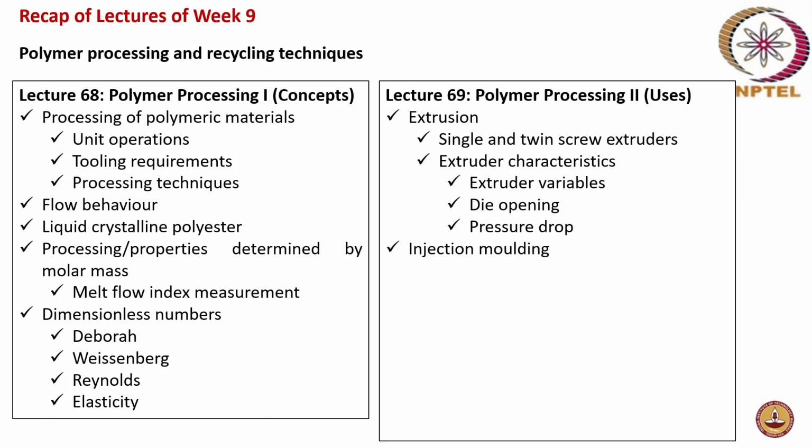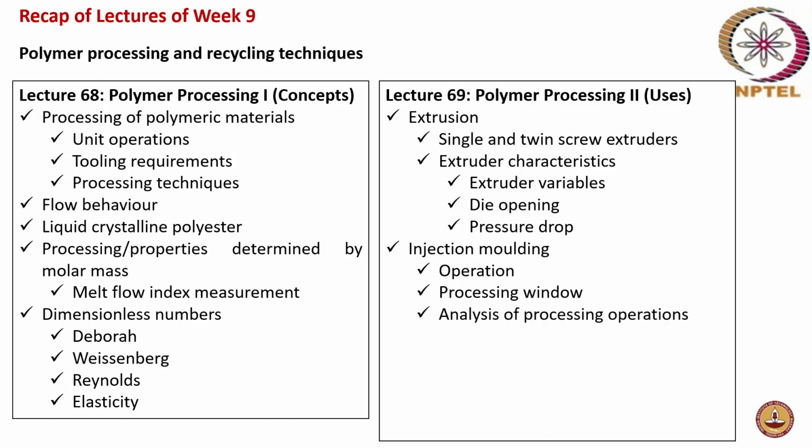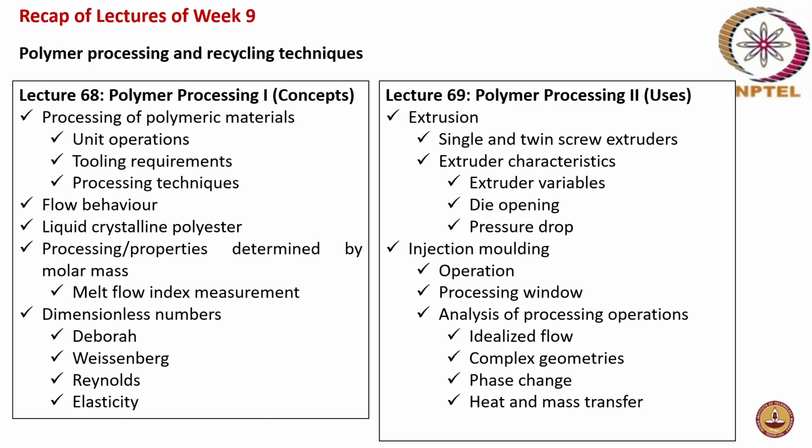And then the injection molding process was discussed, where its operation, processing window, and analysis of the processing operation were all discussed. And then what is the idealized flow, right? Poiseuille and Couette flow, and then the complex geometries involved, phase change involved, heat and mass transfer processes involved, and then the reactions involved were all discussed, right?